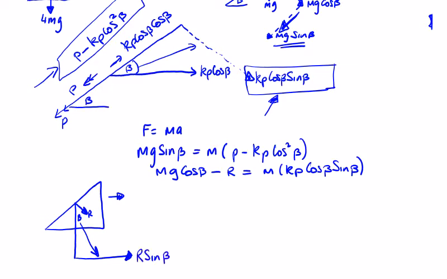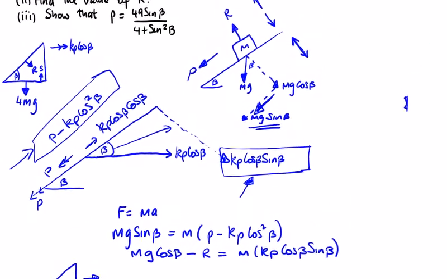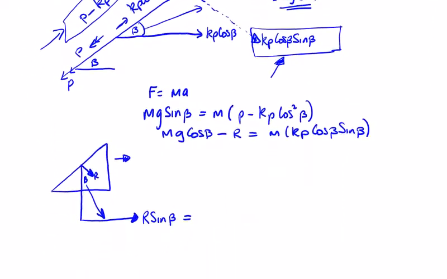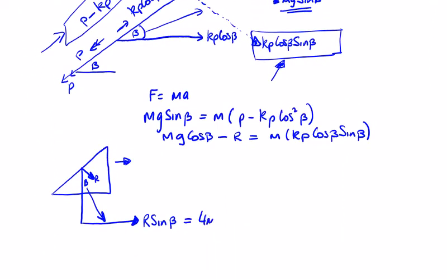That's the only force, and that's equal to m times a. We're told the acceleration is kp cos beta. Just double check that again. Kp cos beta. And the mass of this one is 4m. So 4m by kp cos beta.